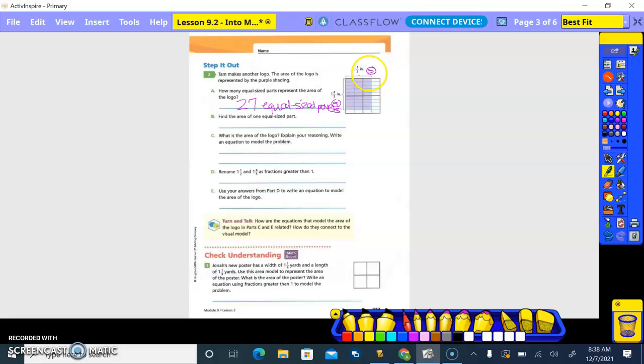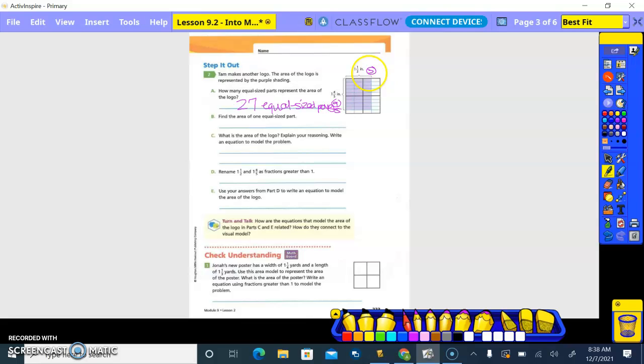Find the area of 1 equal size part. So what's one of those little boxes? You look at the fractions and get them in unit fractions. What are unit fractions? They have a 1 in the numerator, right? A unit fraction always has a 1 in the numerator.